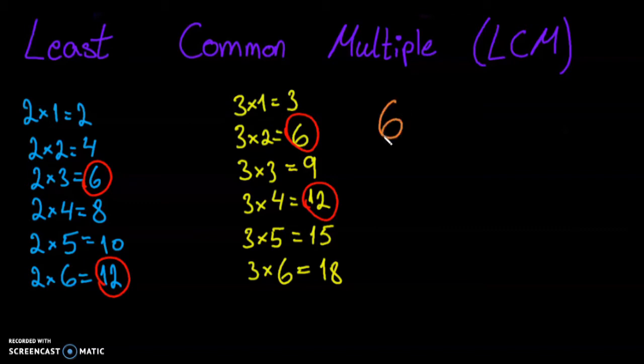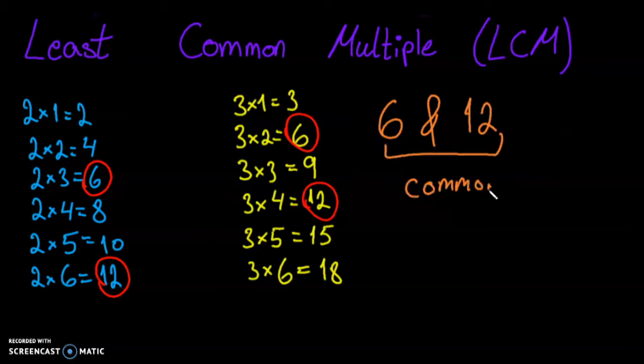Now 6 and 12 are called common multiples. So because 6 is a multiple of 2 and 3, and also 12 is a multiple of 2 and 3, we call them common multiples.